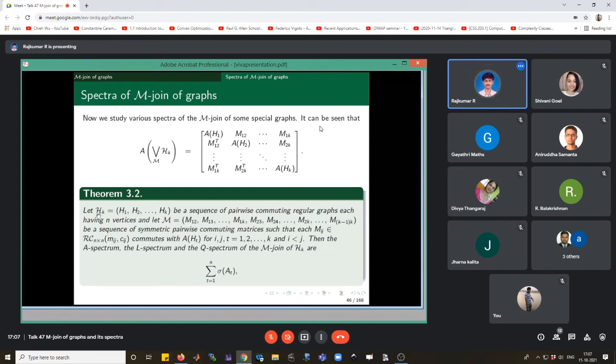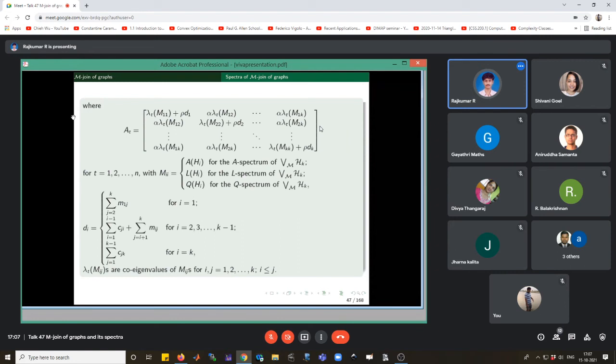Now for the spectra of this M join of graphs, the main result we obtained is Theorem 3.2. That is, if H equal to H1, H2, H3 is a sequence of regular graphs, each having n vertices, and M is a sequence of pairwise commuting matrices such that each Mij belongs to this class and commutes with this, then the A spectrum, L spectrum, and Q spectrum of the M join of H are given by this summation over t, where A of t is this matrix and the values are given here.